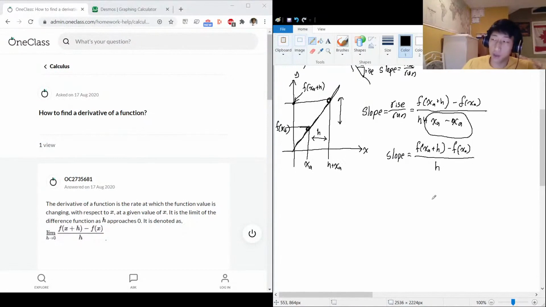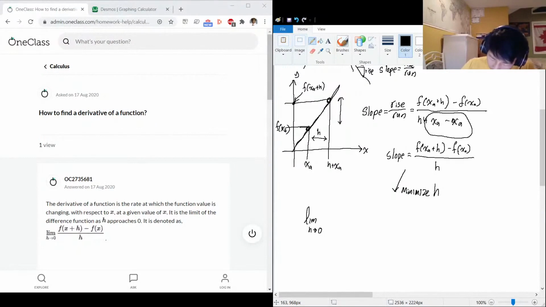Typically when you're learning calculus, you learn about limits, right? So this is why limits are important. We want to minimize h. We find the slope by taking the limit as h approaches 0, meaning h is getting super small, and we get a more and more accurate calculation for our slope at that point.